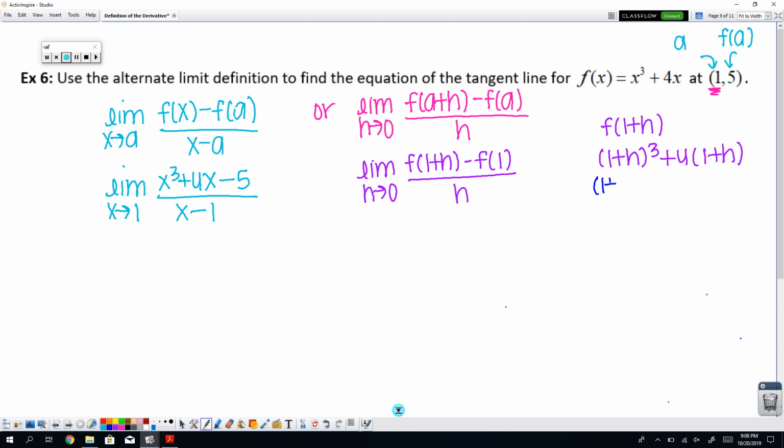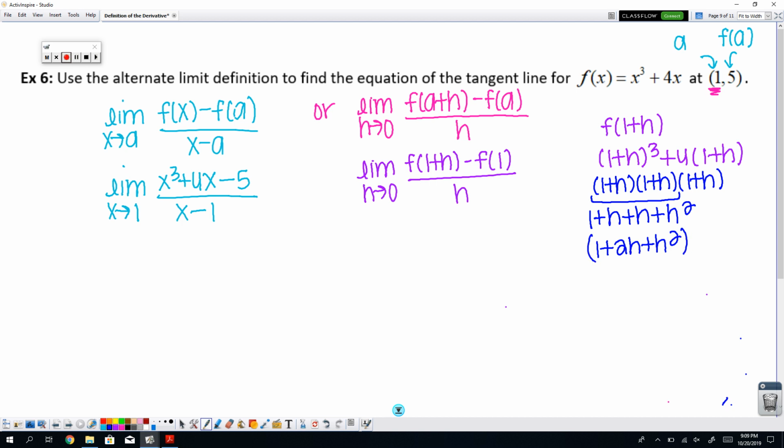So we have 1 plus h times 1 plus h times 1 plus h. We have to do these two at a time, so we'll do these two first. It's going to go 1 times 1, then 1 times h, and then 1 times h again, and then h times h. That gets us 1 plus 2h plus h squared.